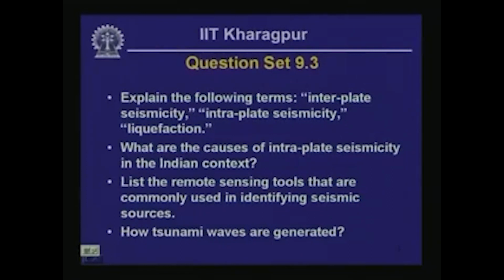Interplate seismicity are the earthquakes that are triggered by the dislocation of rock mass at the plate boundaries. Similarly, intraplate seismicity are the earthquakes that are triggered by dislocation of rock masses away from the plate boundaries.